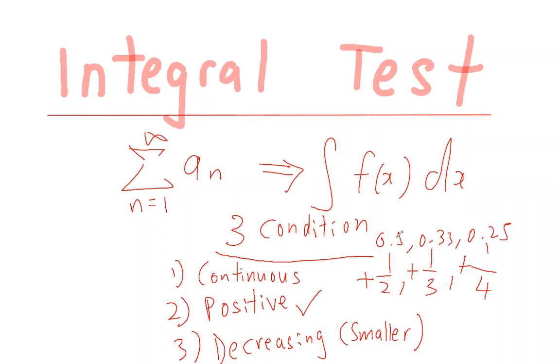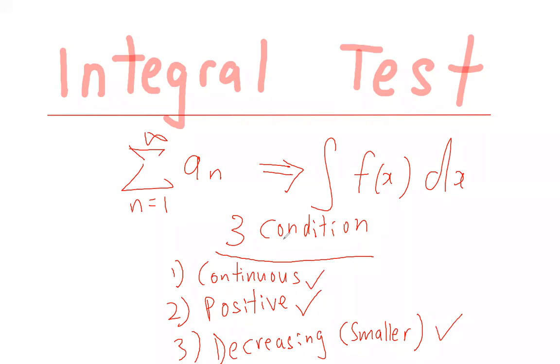This is what we call decreasing, or in layman's terms, getting smaller. When it satisfies all these 3 conditions, only then can we perform the integral test. Remember, we have to test the conditions, whether it's continuous, positive, decreasing, and only then can we perform the integral test, where we transform the series into an integral.